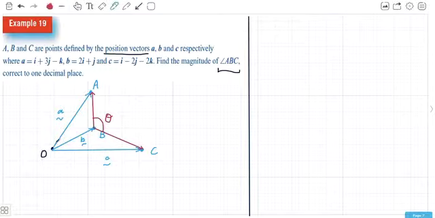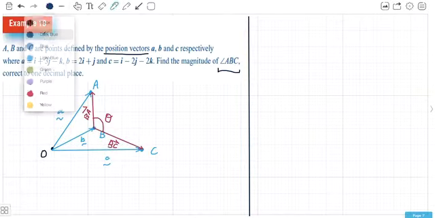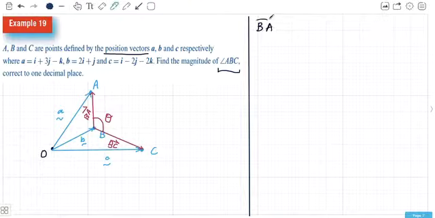Now you can see from the origin you've got your A, B and C. We're trying to find 2 vectors, and I'm going to call them position vectors in the way that they're going from 2 points. So this would be B to A, and this vector here would be B to C. Let's find B to A first. You'd have to travel backwards along the vector B, and then forwards up the vector A. Remember that we travel from the tail of the vector to the head.